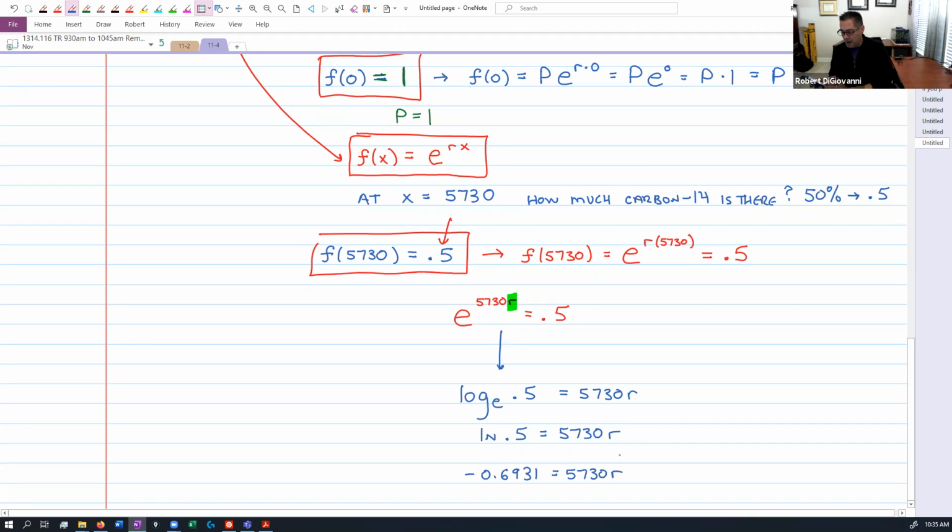I have to divide by 5730. I'm going to get an answer here for r, and it's going to be a crazy small number, but I'm going to use as many decimal points as my calculator gives me. It is 0.000120968. That's what I'm going to use for r.